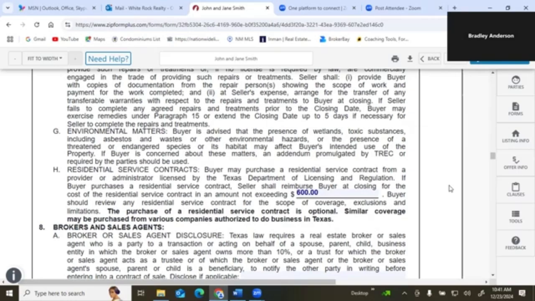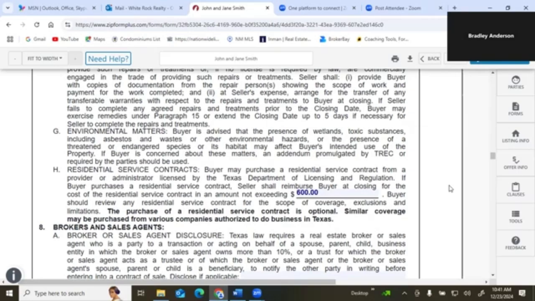Now, don't you as the buyer's agent buy this policy. Okay. This is up to the buyer. This is your buyer's responsibility. Your only requirement is to say to the buyer, hey, you have $600 to go out and buy a home warranty. Go buy one. Okay. The title company is not to purchase it.